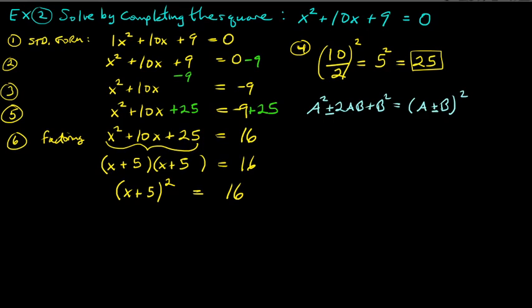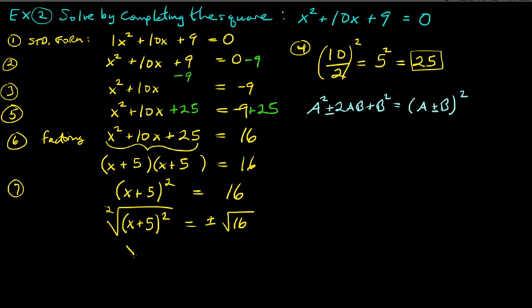All right, on to step 7. You remember what step 7 is? Just get rid of the square. We want to undo the square, so take the square root. The square root cancels the square. And on the right, you get, don't forget the plus or minus, square root of 16.